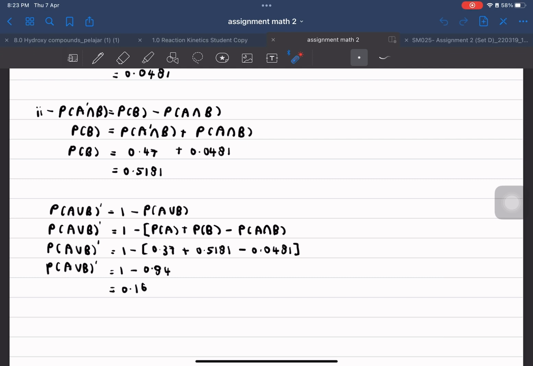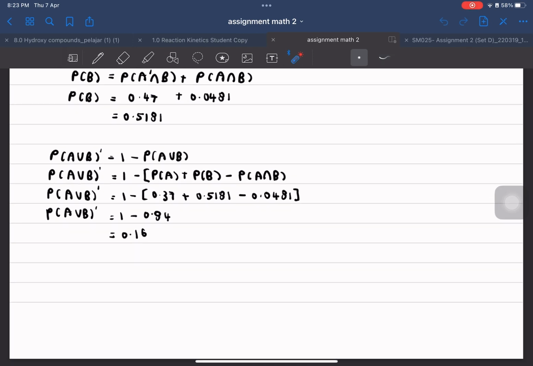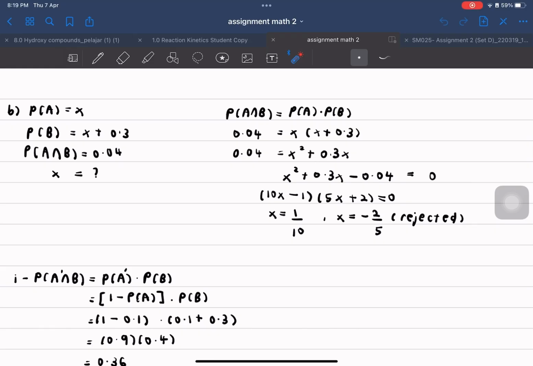To find probability B, we must know the formula, which is probability B equal to probability A prime intersect B plus probability A intersect B. After we convert the formula with the value we got before, we will get the answer for probability B. For probability A union B prime, the formula is 1 minus probability A union B. If we expand the formula, we will get 1 minus probability A plus probability B minus probability A intersect B. Fill the formula with the values again, and we will get the value for probability A union B prime.